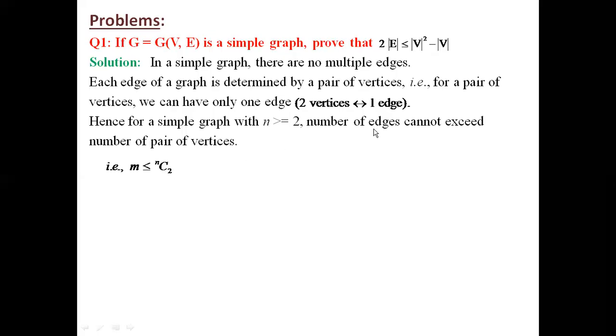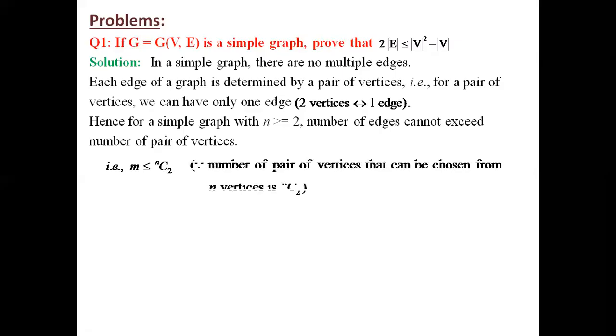Number of edges is nothing but m. They cannot exceed is symbolically represented as less than or equal to, and the number of pairs of vertices. So out of n vertices, we are selecting a pair. So that is why it is nC2. So the number of pairs of vertices that can be chosen from n vertices is nC2.